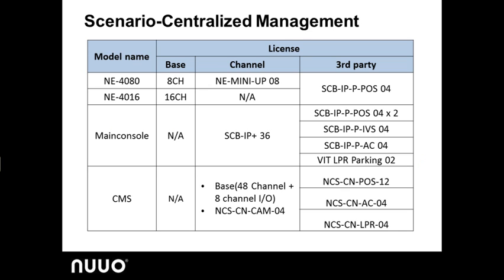And before activating any license to CMS, it has to activate the CMS base license. There are 48 camera channels and 8 I/O channels included in the CMS base license. Except for IVS license, the user has to activate all types of license to CMS to enable those functions, or the NVR and other third-party devices cannot be viewed.